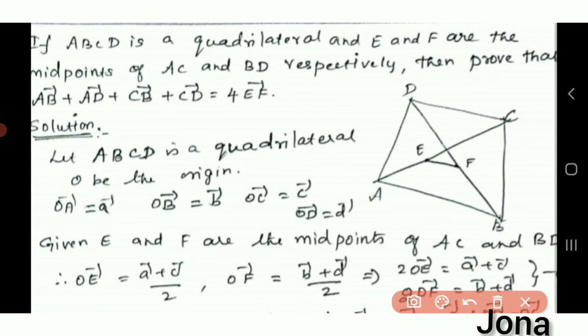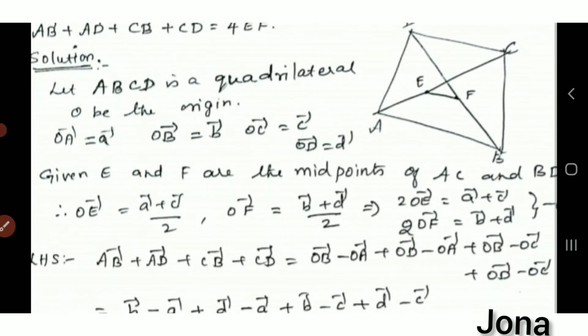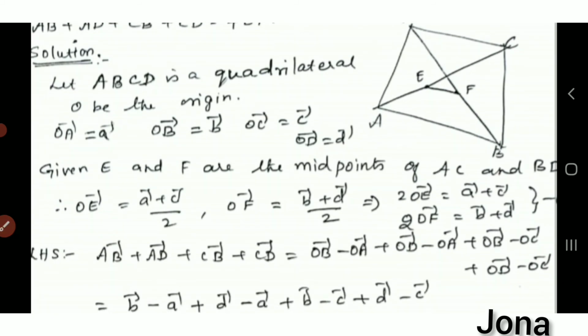Then we want to prove that AB vector plus AD vector plus CB vector plus CD vector equal to 4EF. Here it's given ABCD is a quadrilateral and O be the origin. As usual, OA vector is A vector and OB vector is B vector and OC vector is C vector, OD vector is D vector. Here it's given E and F are the midpoints of AC and BD, isn't it?